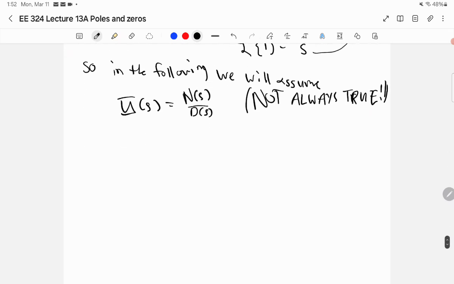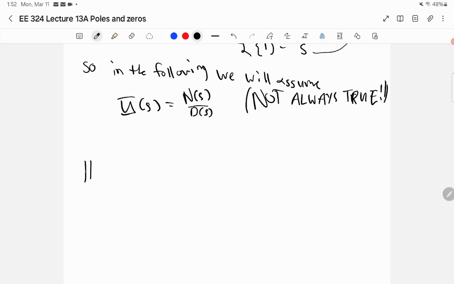And when we do this, then we can actually use this to our advantage to examine what would happen with a particular set of inputs.